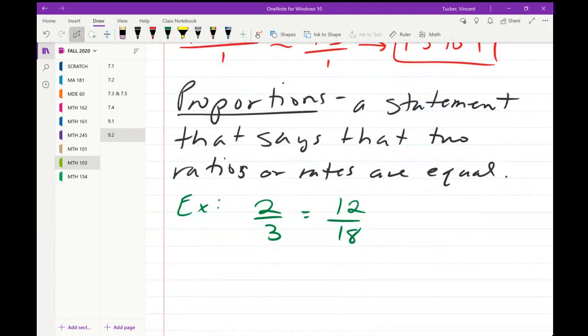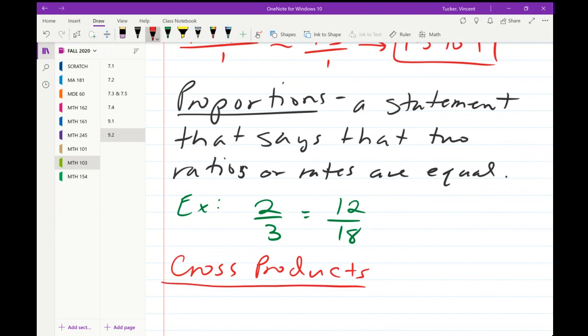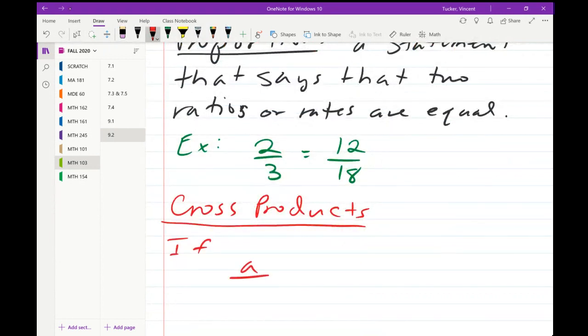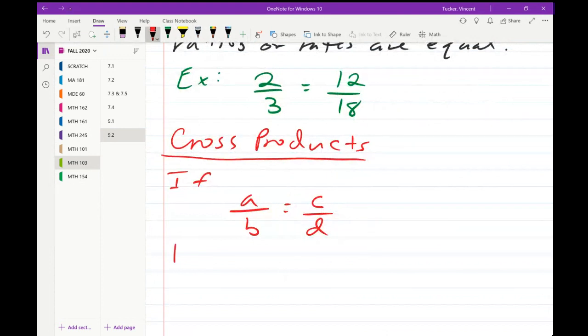A proportion is just a statement that says that two ratios or rates are equal. An example of a proportion is 2/3 equal to 12/18.